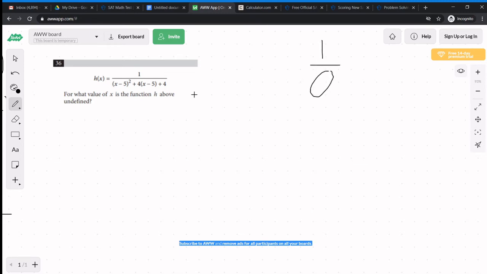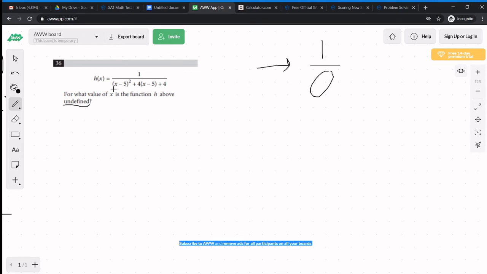This is almost always going to be the answer whenever you see undefined. Technically, if you have a negative inside of a square root, that would work as well. But actually, that wouldn't necessarily work because the SAT recognizes imaginary numbers. So this is pretty much the only way, to be honest, when you have the denominator as a 0.